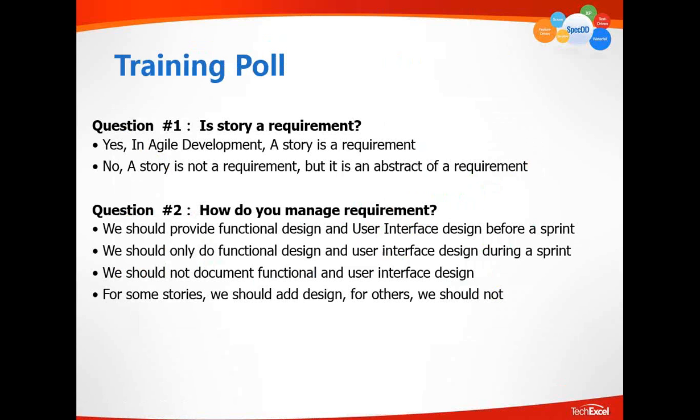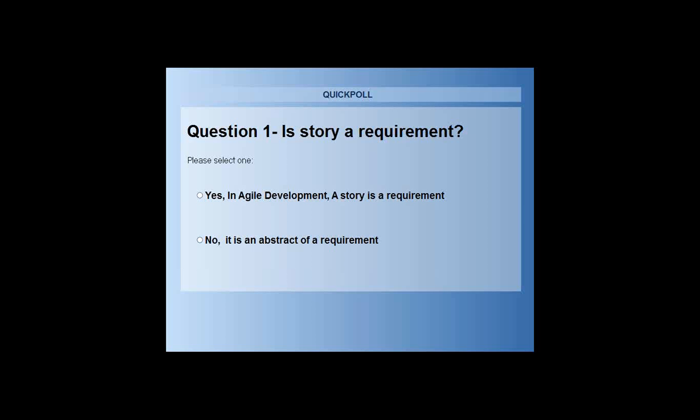So before I continue, I want to take a poll. Question 1: is a story a requirement? There are two answers, yes and no. Question 2: how do you manage the requirement? Should we provide functional design and user interface before a sprint or during a sprint?